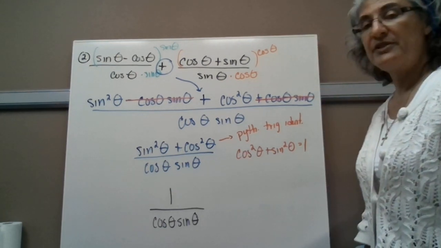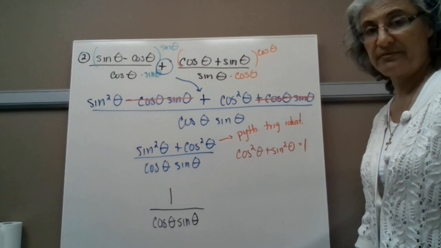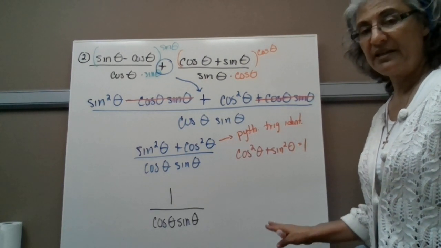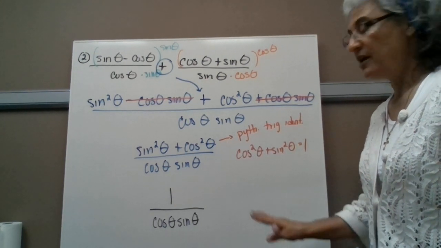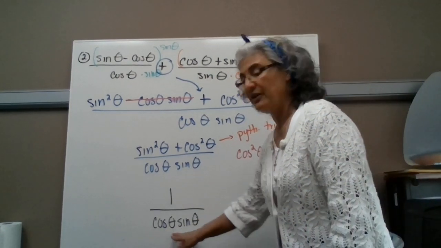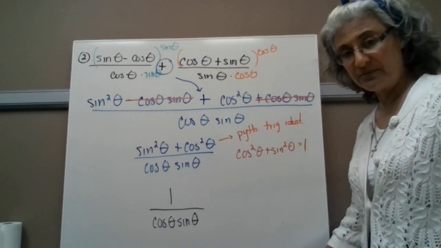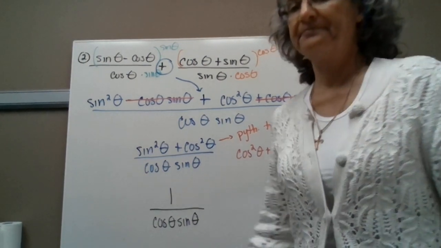So I made a substitution. Out went sine squared plus cosine squared, in went the 1. They wanted me to leave the answers in terms of sine and cosine. There's nothing I can do to simplify this. I don't know what these guys are, so I can't multiply them together. So we're done. Cool? I'll be right back.